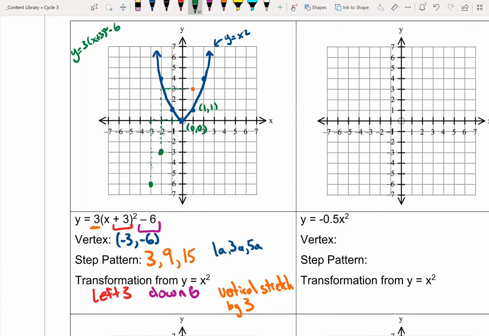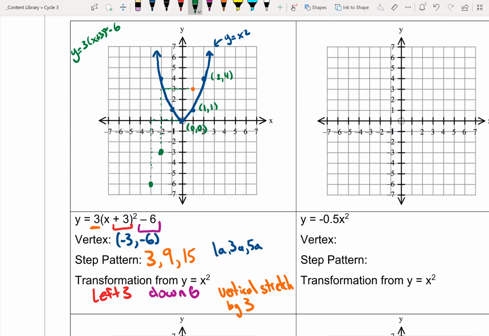The next value makes it tough to do because I would have to go off the graph. This point in my base graph has a value of (2, 4). Actually, I can't do this one. If I apply the vertical stretch to it, take that 4 and multiply it by 3, it puts it off the graph.